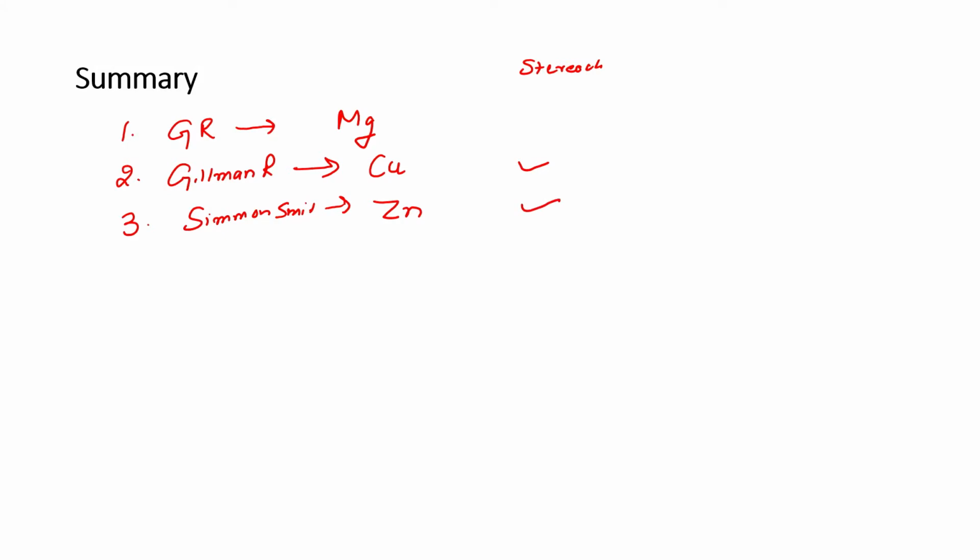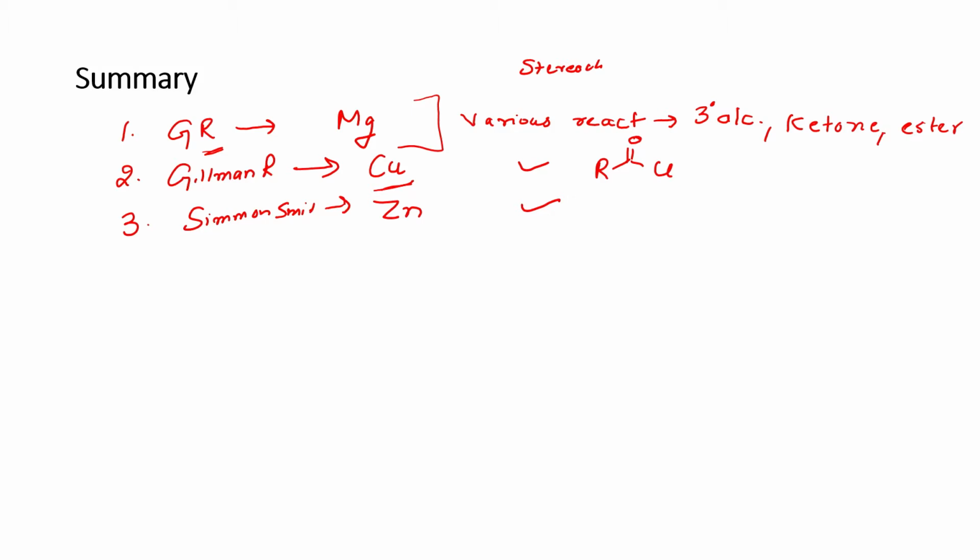And I have already shown various reactions with Grignard reagent, where you prepared tertiary alcohol, ketone and ester products. Okay, so I have shown you the advantage of Gilman reagent over Grignard reagent in terms of reactivity, where Gilman reagent, when it reacts with acyl chloride, will give you ketone.